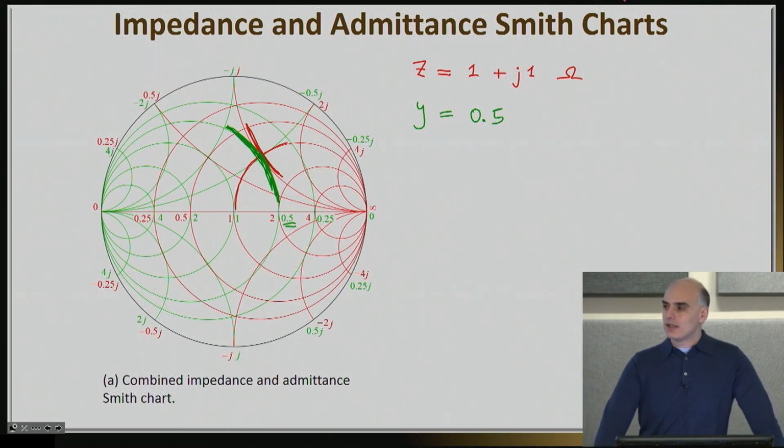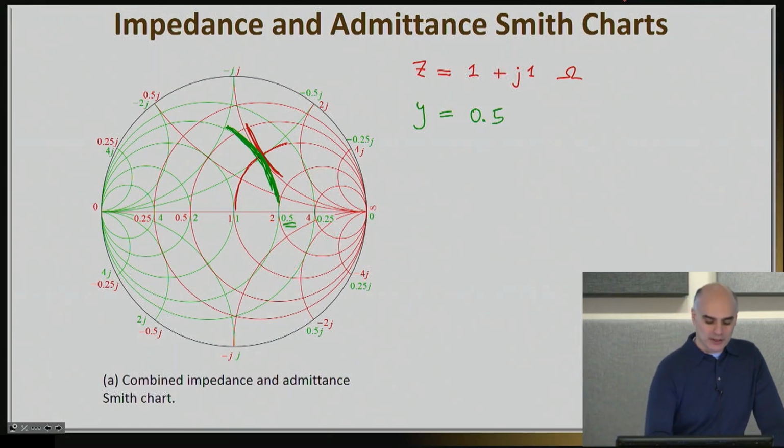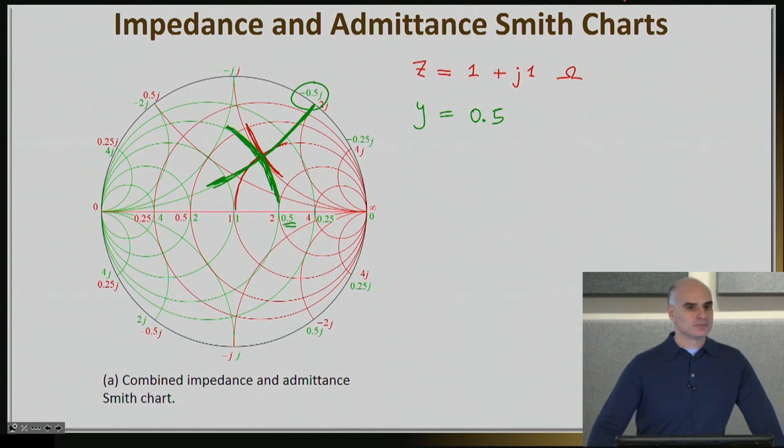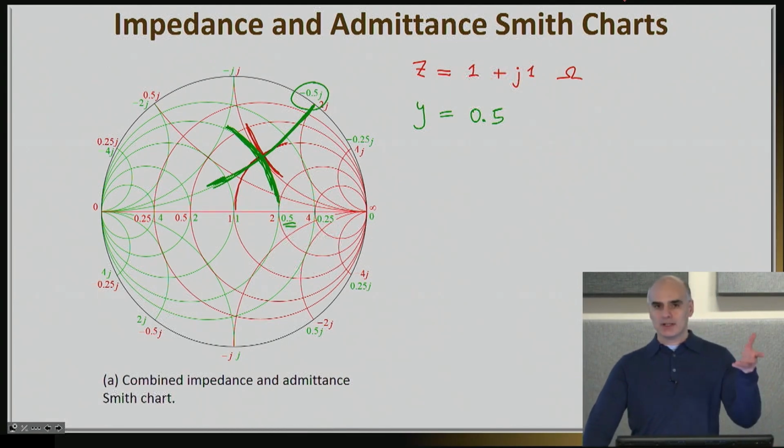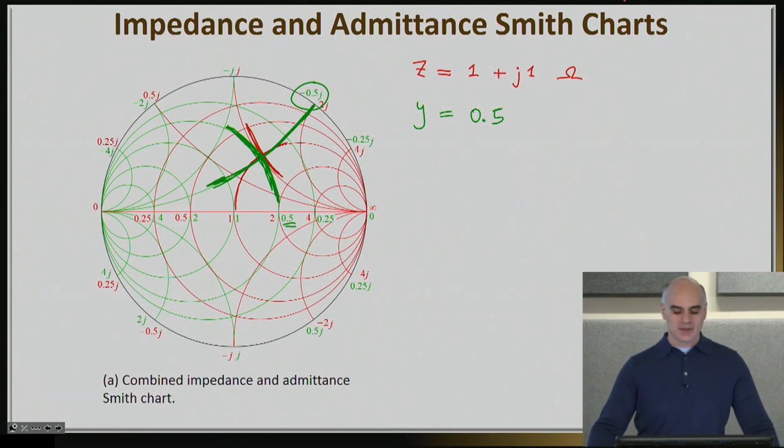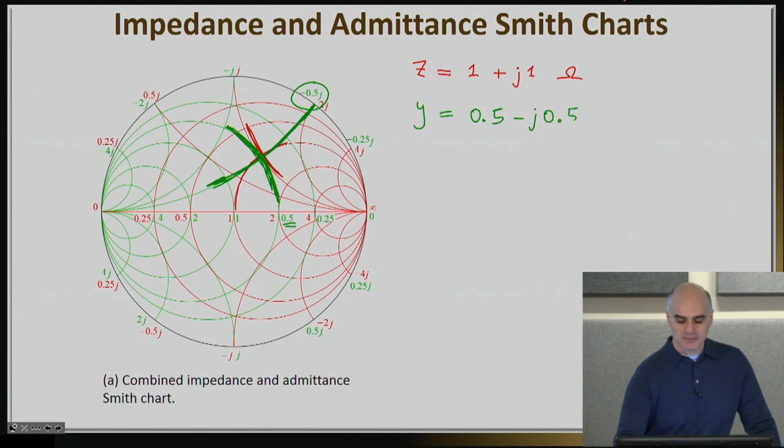And if you look at the imaginary part on the admittance chart with the green line, it passes through this line here, which has a value of negative 0.5. Remember that I have already reversed my Smith chart by 180 degrees, which means on the admittance chart, on the upper side, I'm negative. So this will be negative j0.5.